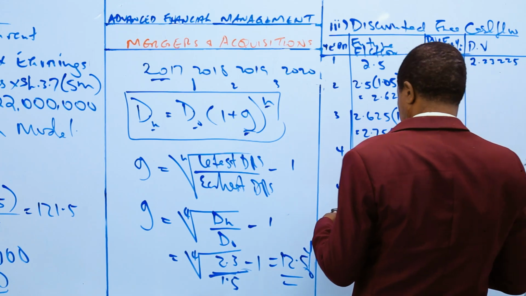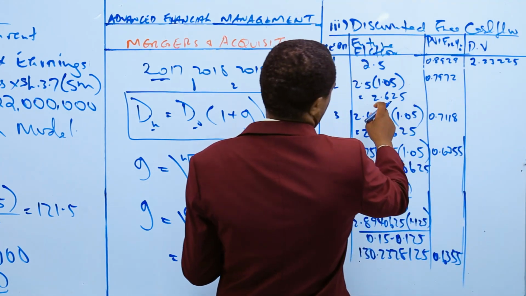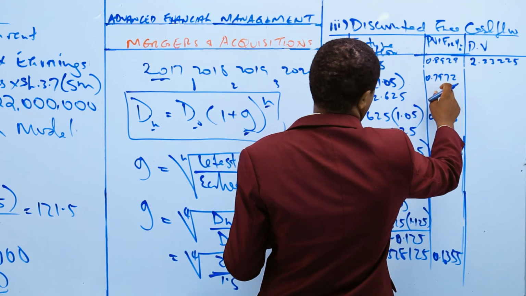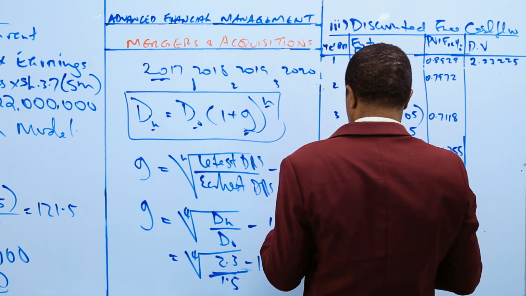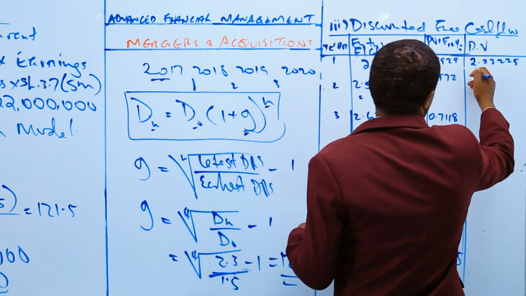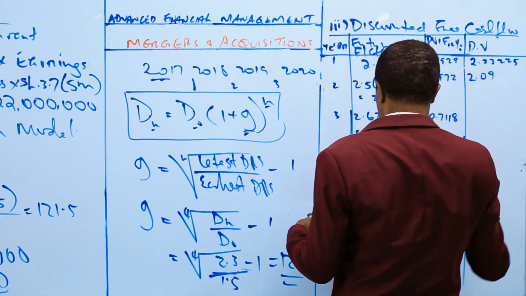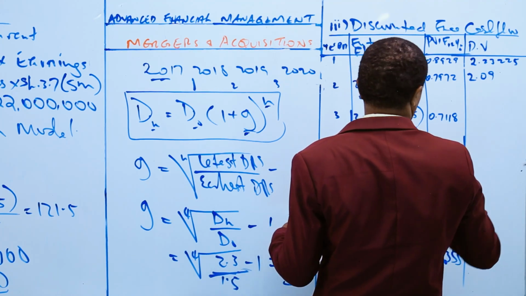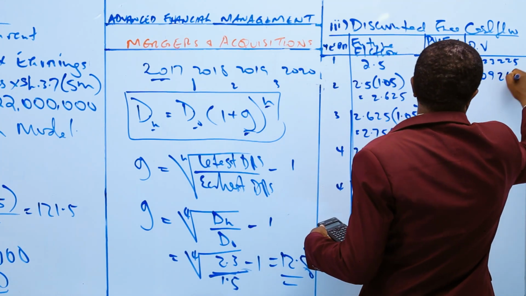Next, I have 2.625 times 0.7972. That gives me 2.09265.